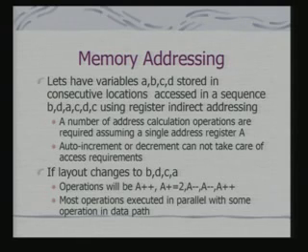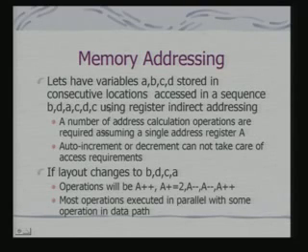Let us say we have got variables a, b, c, d stored in consecutive memory locations, and which are accessed in a sequence b, d, a, c, d, c depending on the computation. It is not a strictly sequential access. I am not accessing them a, b, c, d, but in a different order, although these variables can be typically stored in the memory as a, b, c, d.